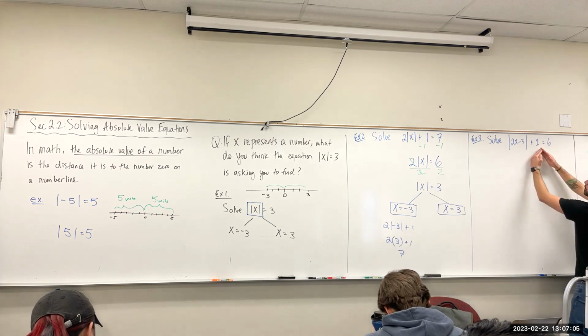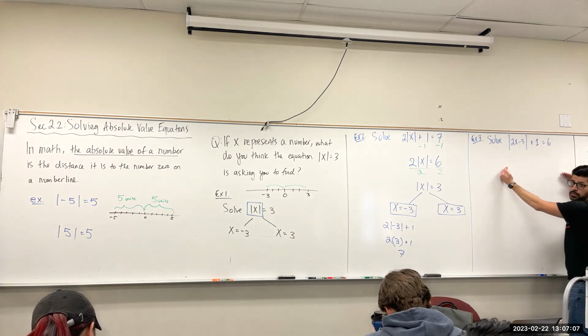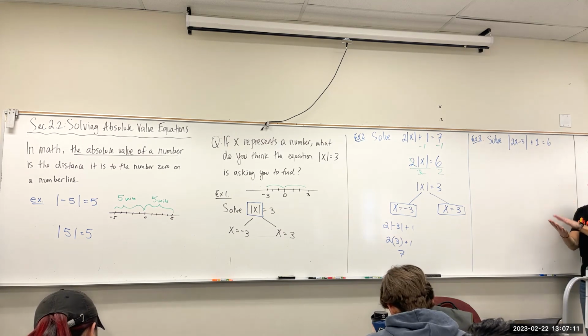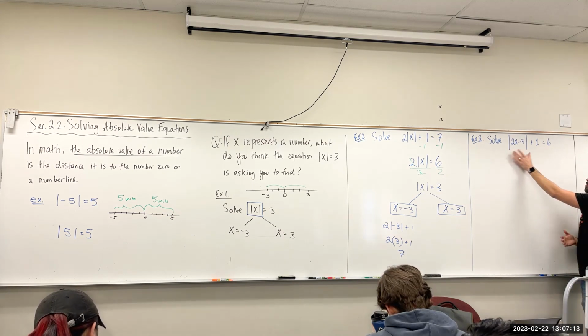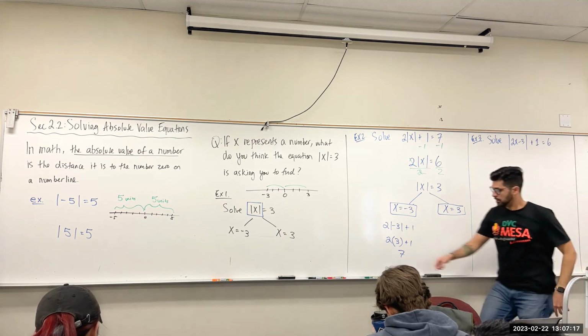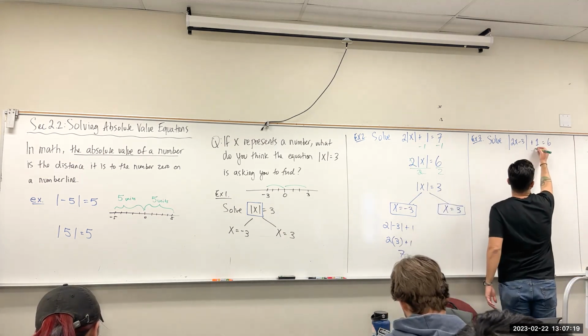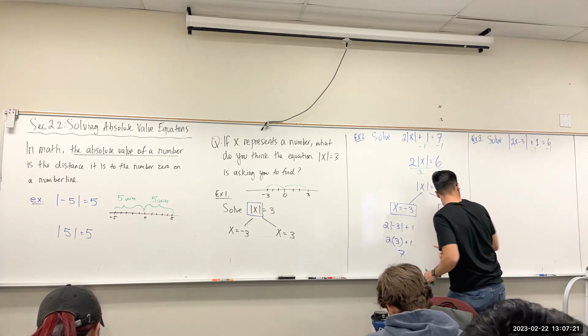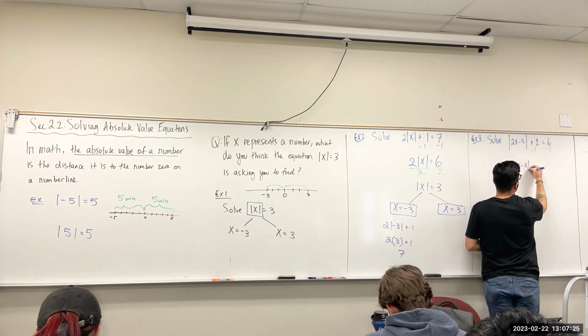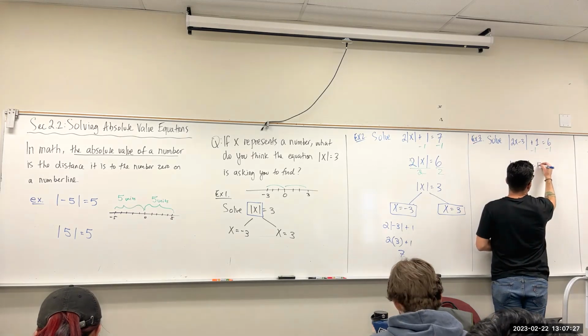So from here, can I split them up into 2 different cases? No, I need one side to only have an absolute value, right? So this +1 is not part of the absolute value. So what do? Subtract it off to both sides. So then we end up with the absolute value of 2x - 3 is equal to 5.